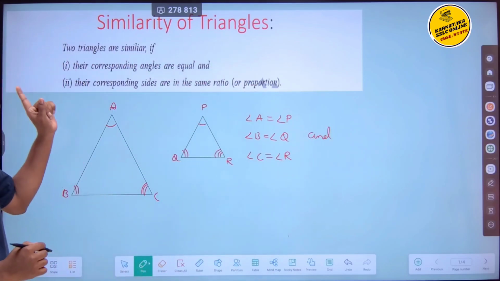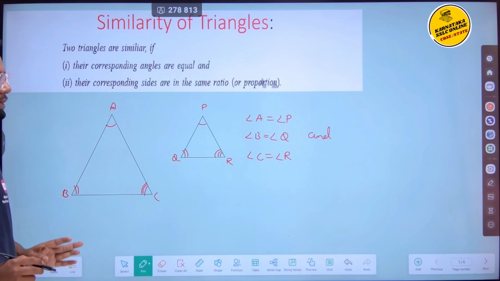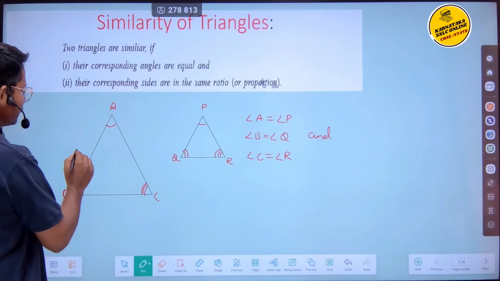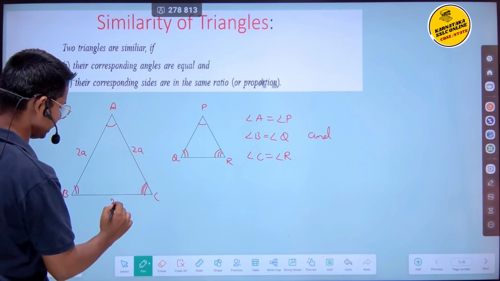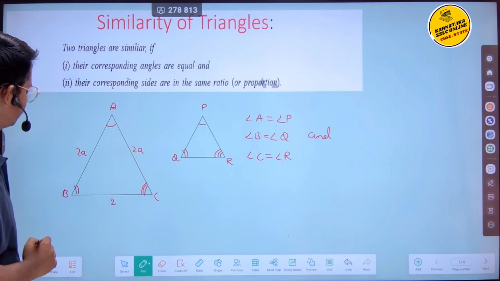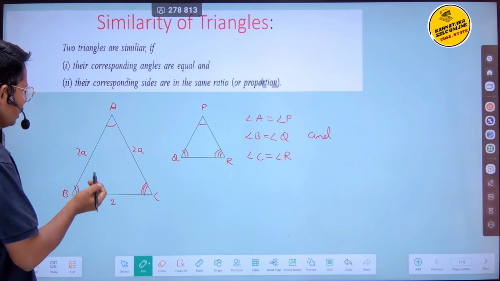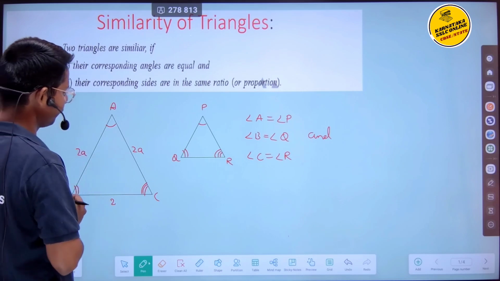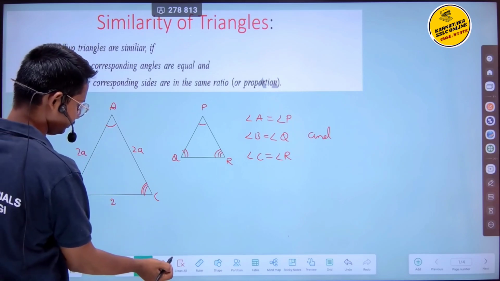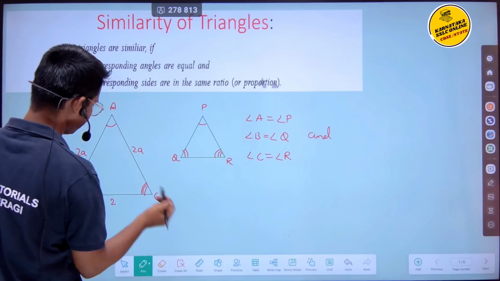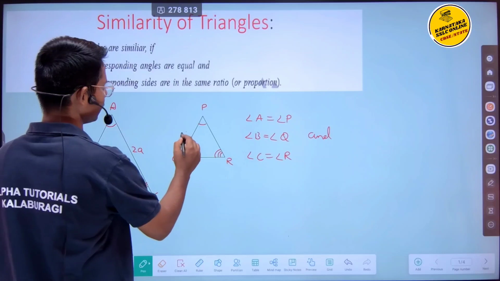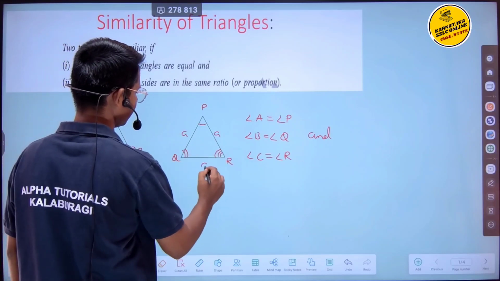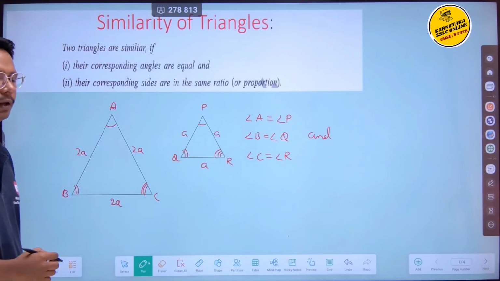The second condition is that their corresponding sides are in the same ratio. Let me take this as an equilateral triangle, with each side 2a in one triangle and a in the other.